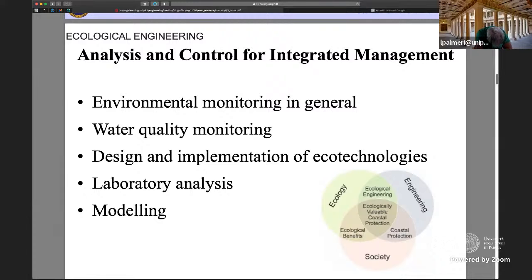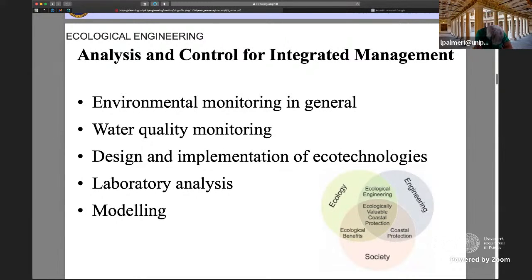So while environmental engineering has to do more with the construction of purpose-driven structures, ecological engineering has to do more with the design of process-oriented descriptions or models. This is important in order to gather analysis and control, and in order to build up integrated management systems.